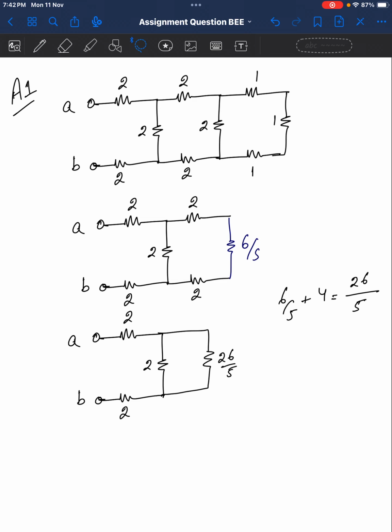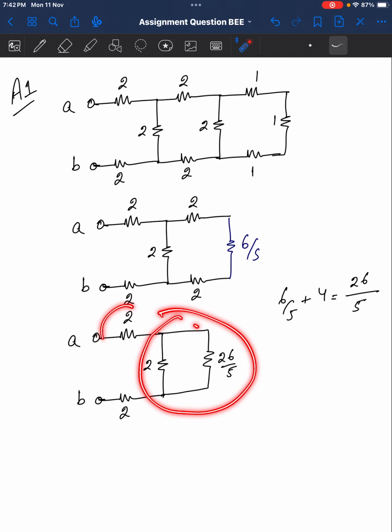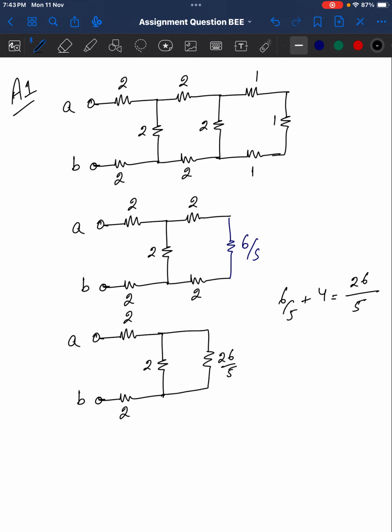Now you would have understood what we are going to do. These two are in parallel, and together they are in series with this. We are going to combine these two parallel ones. So we can write 2 into 26 by 5 over 2 plus 26 by 5.